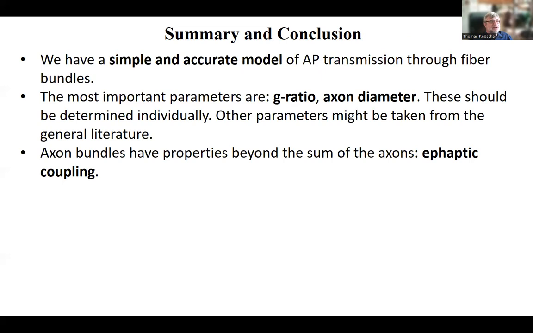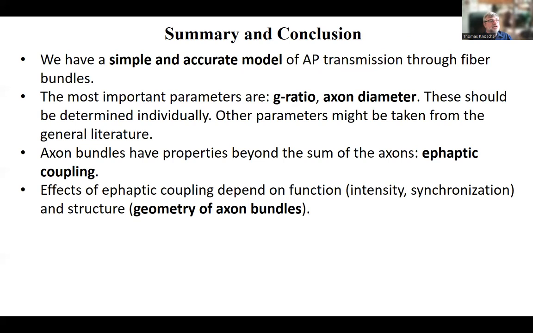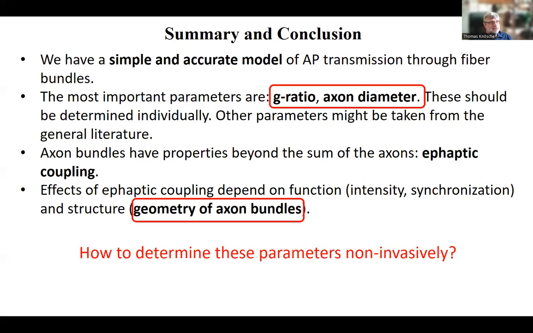Axon bundles have properties beyond the sum of axons through ephaptic coupling, which depends on functional parameters, intensity and volley synchronization, and structural parameters. And these parameters, the G ratio, the axon diameter, and also the geometry of the axon bundle, this is what we ask our structural people, our MRI people, to gain information about from in vivo measurements.